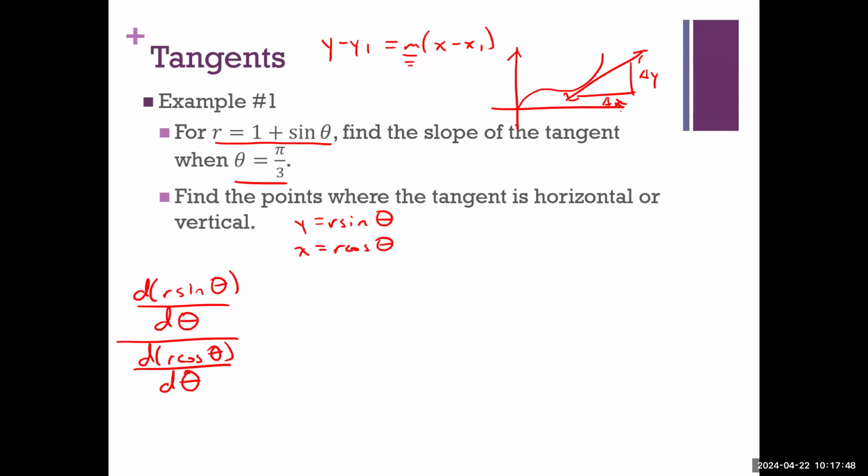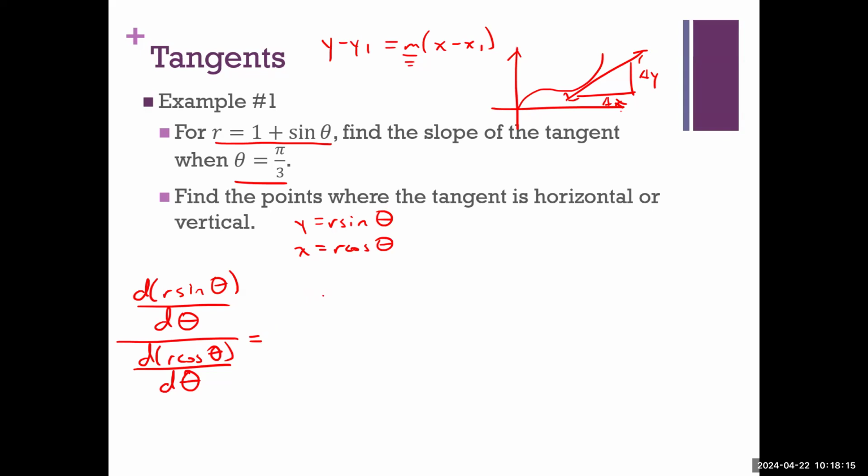All right. So now let's just handle this one derivative at a time. In the numerator, I want to take the derivative of r sine theta with respect to theta. How do I do that? Why is the product rule something you have to do? So r and sine theta we can treat as two different functions.